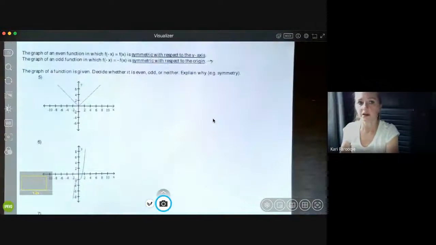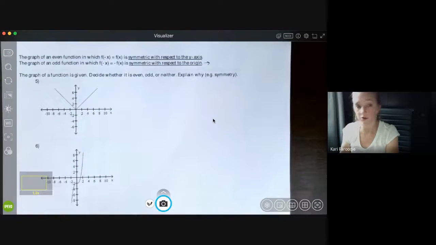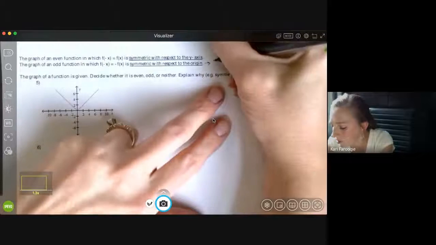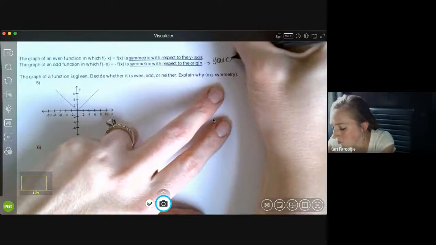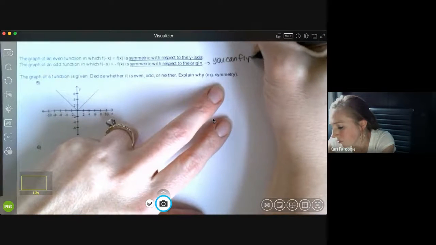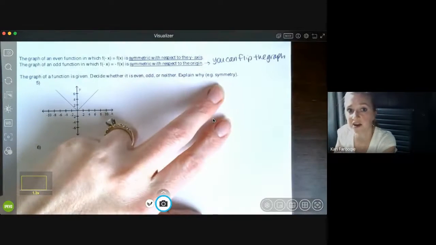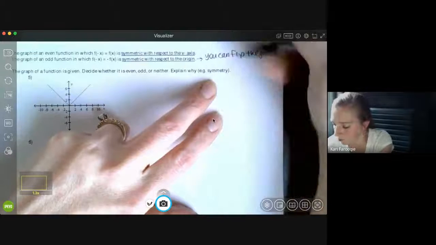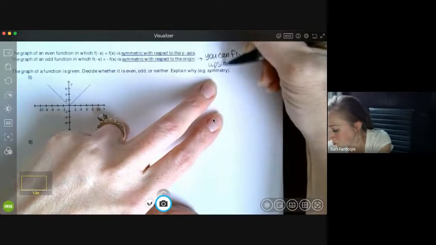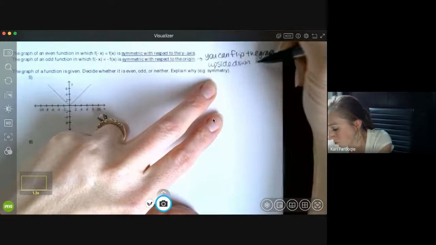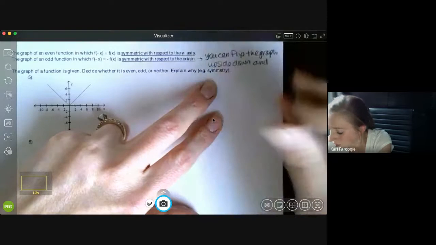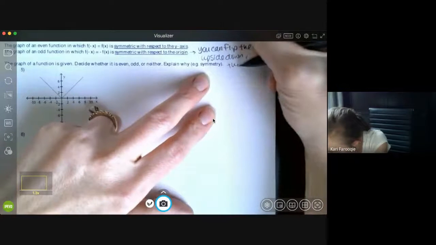If a graph is symmetric with respect to the origin, that means you can flip the graph upside down and the graph looks exactly the same.